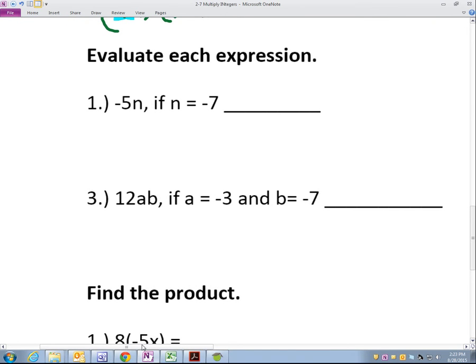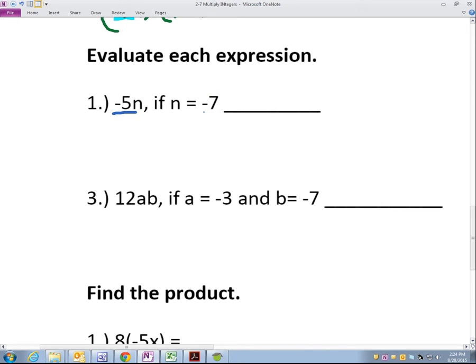Okay, next one. Evaluate each expression. Evaluate each expression is another way of saying answer or solve. Whenever we have to evaluate an expression, we are going to be substituting. They're going to tell us, here's this, and also that variable there is going to be that.